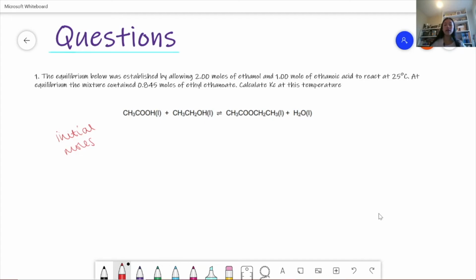So we have 2 moles of ethanol and 1 mole of ethanoic acid. And the products aren't mentioned, so that means that we assume they're 0. And now we look at the difference.